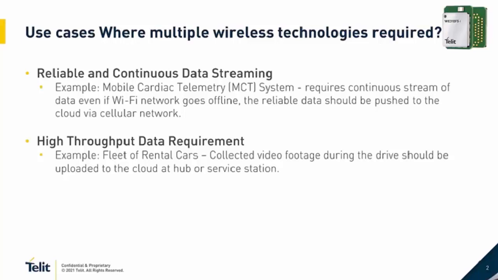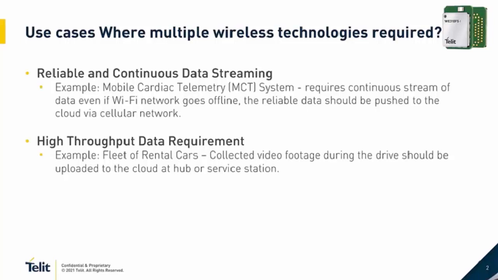For example, if you are at home, you can use one wireless technology. If you are on the move, you can use another wireless technology. The other requirement we consider is high throughput data, where you have a fleet of cars continuously collecting video footage while the car is on the move, and you want to upload the data.